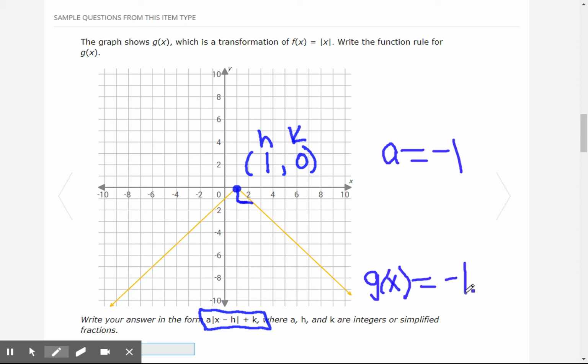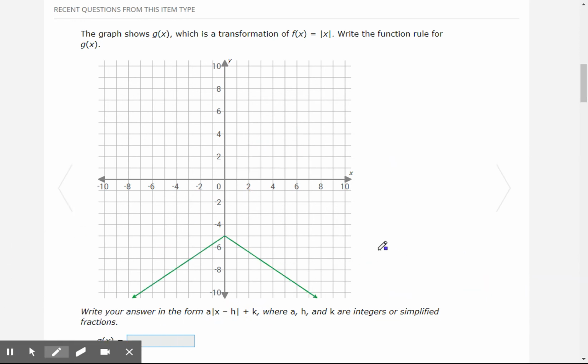You can put a 1 if you want. And then you have the absolute value of x minus. And we went right 1 unit, so I'm going to put a positive 1 inside my formula. Remember that minus sign is part of the formula. And then we didn't go up or down, so I don't need to add anything to the back. And that is how you do that example.